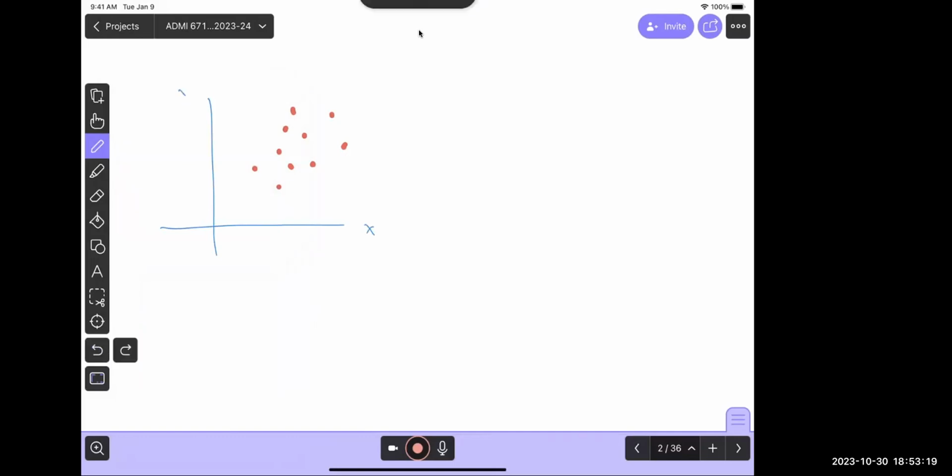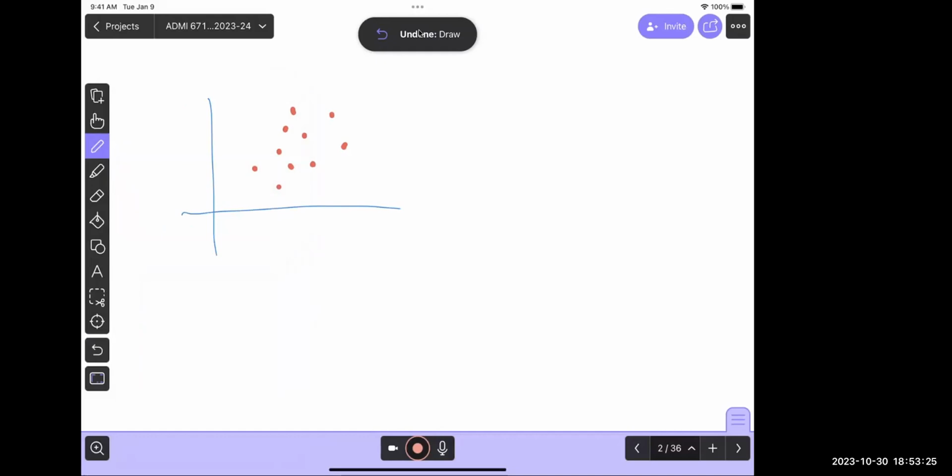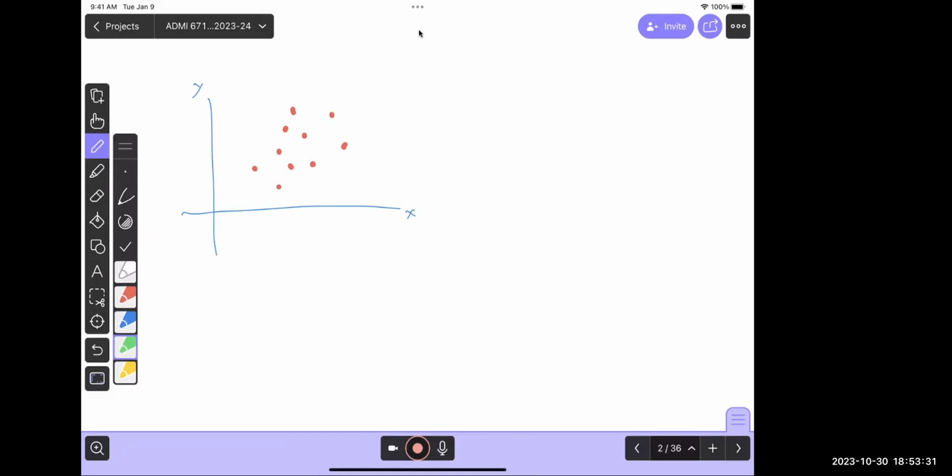let me do that a little bit better. So what I could do is divide this data by the mean. So the center here, let's say that's the mean in that direction.